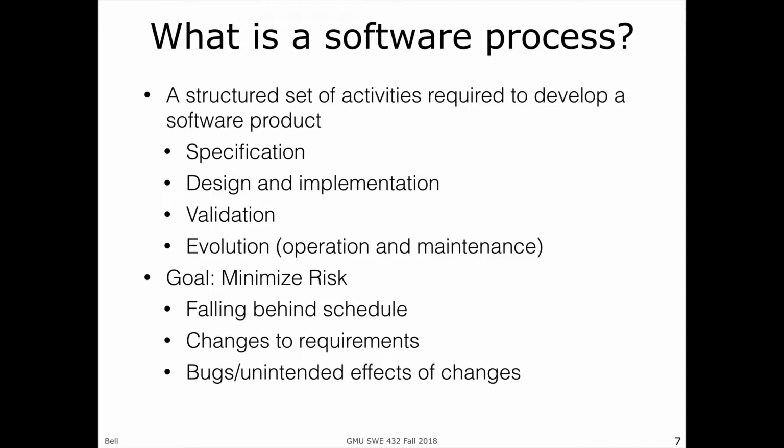So the idea of turning this whole thing into a formal process is to try to minimize risk. And risk in software process might mean things like falling behind on schedule. So if we say that we'd like to have our product released, say, in 6 months, we'd probably like to make sure that we can actually meet that goal rather than just pulling 6 months out of a hat and saying, ooh, I don't know if we're going to make it or not.